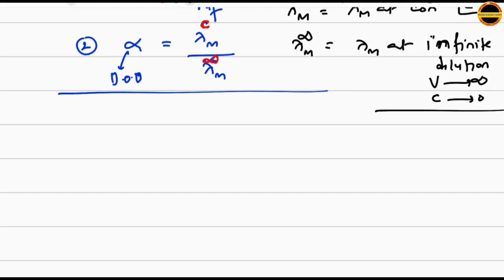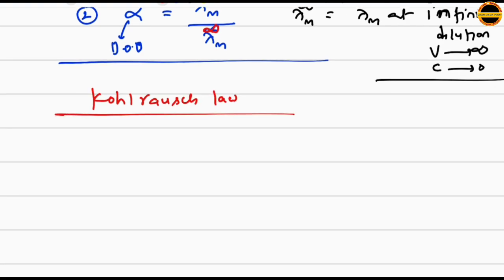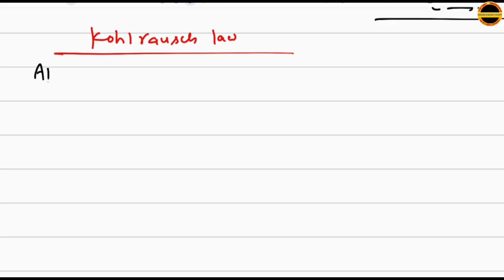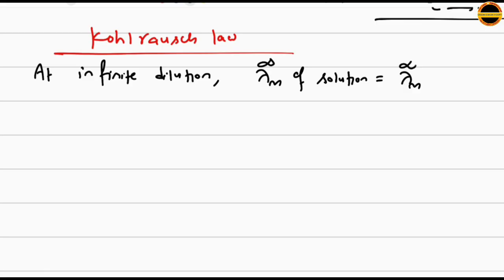Okay, and then next, close the note and write Kohlrausch law. Kohlrausch law: at infinite dilution, the molar conductivity of a solution is equal to the sum of the molar conductivity at infinite dilution of the cation plus the molar conductivity of the anion.